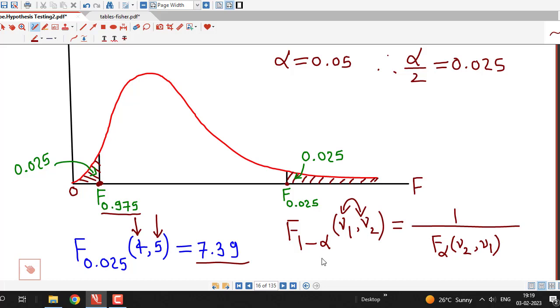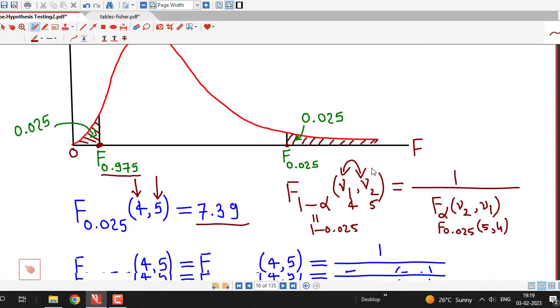And here 0.975 is nothing but 1 minus 0.025. Therefore we have to find the critical value for alpha equal to 0.025, but here instead of 4 and 5 we have to write 5 and 4.